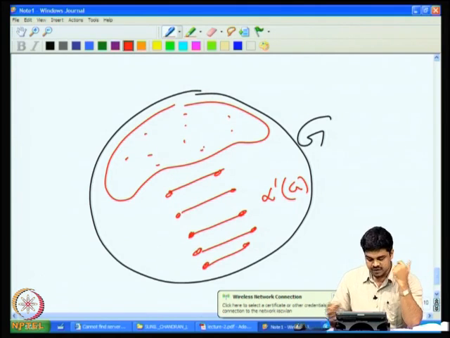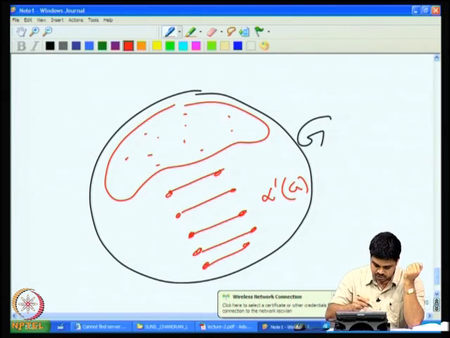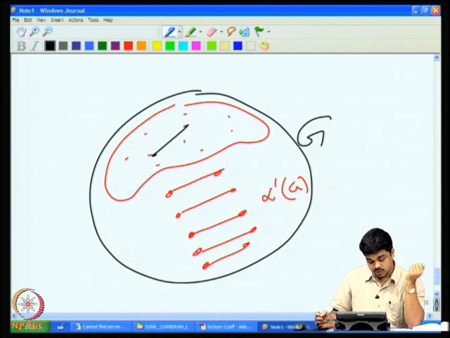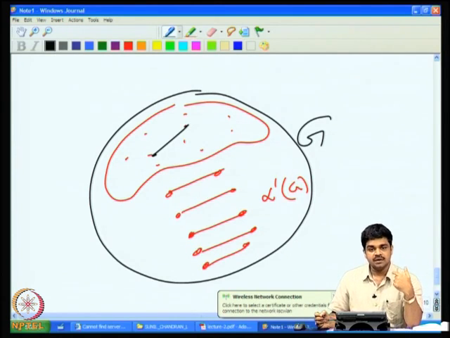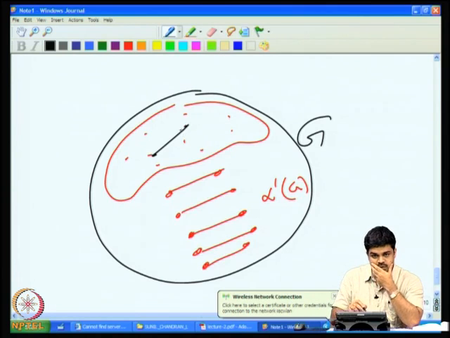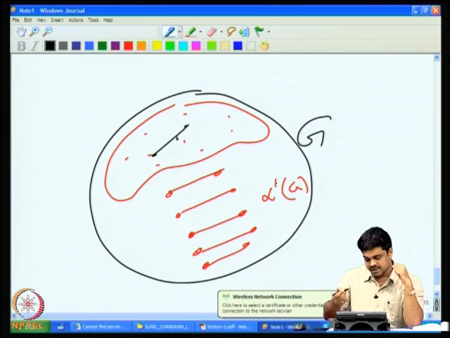For instance, in the remaining vertices, can we have any edge here? Is it possible for me to have an edge here like this? It's not possible, because if there were an edge like that, we could have added this edge along with this collection, and we would have got a bigger matching.